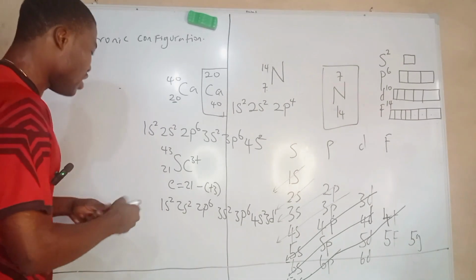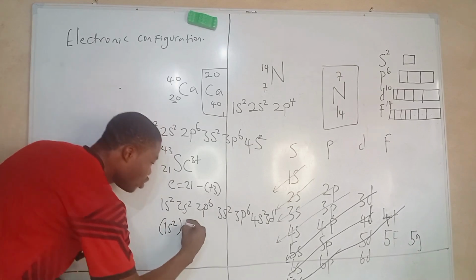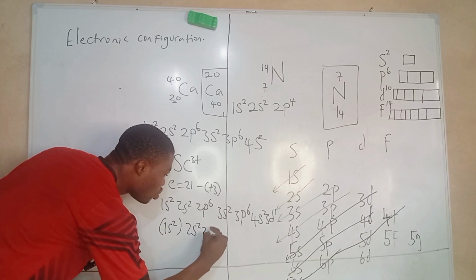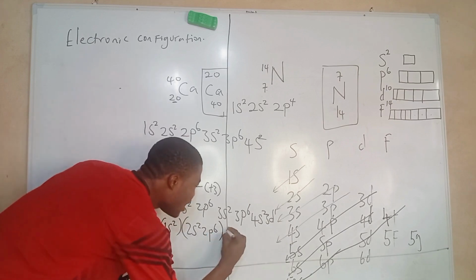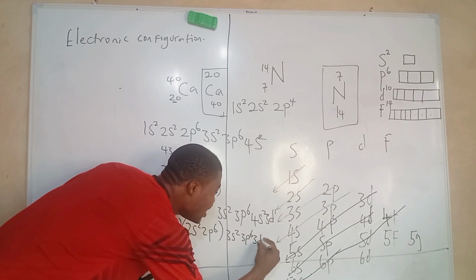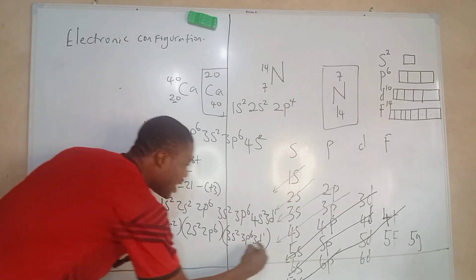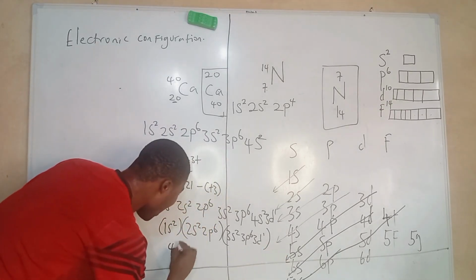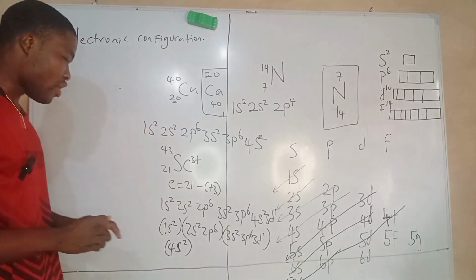When I say group, 1s is the first shell. 2s2 and 2p6 are the second shell. 3s2, 3p6 and even 3d1 are all on the third shell. Then the last shell is 4s2.